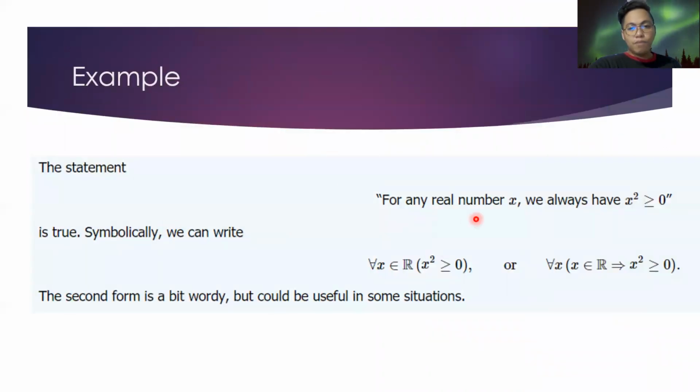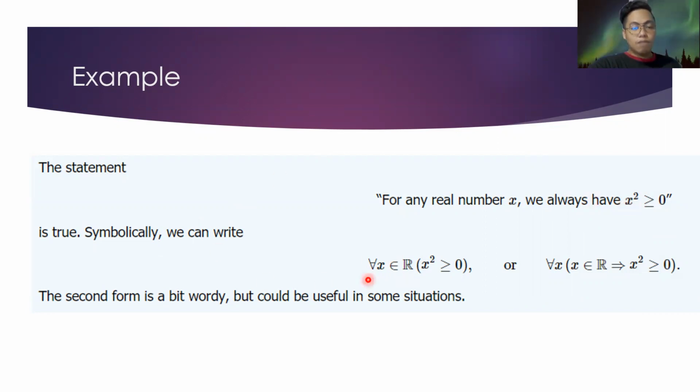Example: the statement, for any real number x, x squared is greater than or equal to 0. This is true, of course. Whatever number it is, even negative or positive, when we square it, it will be positive, and so it will be greater than or equal to 0. The least possible value is 0.